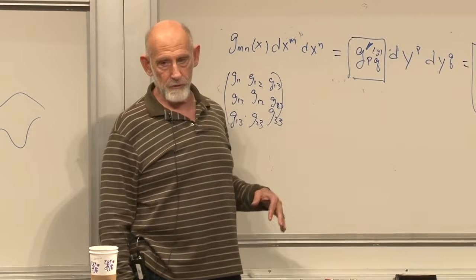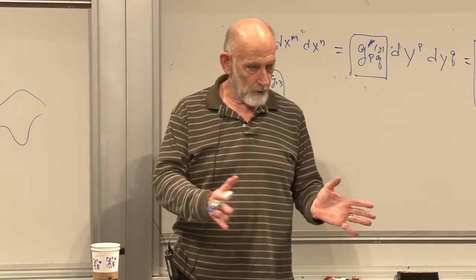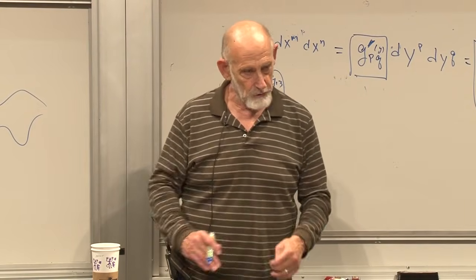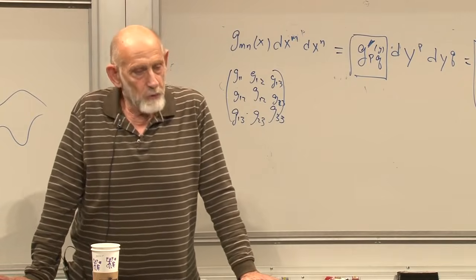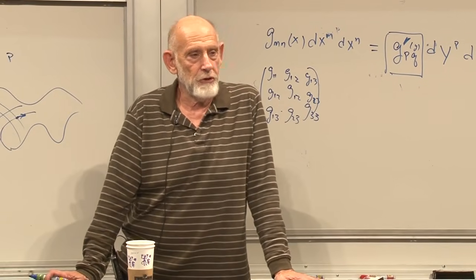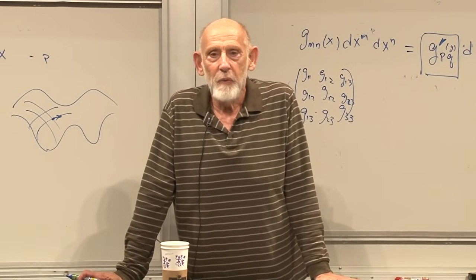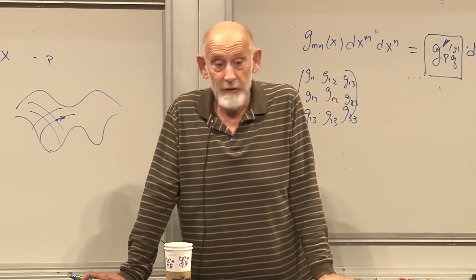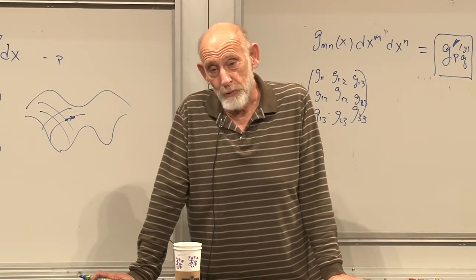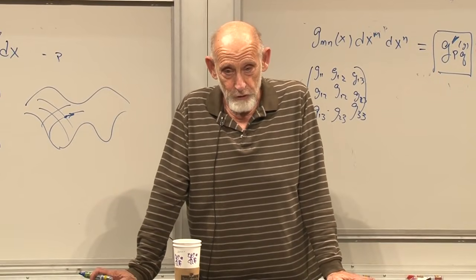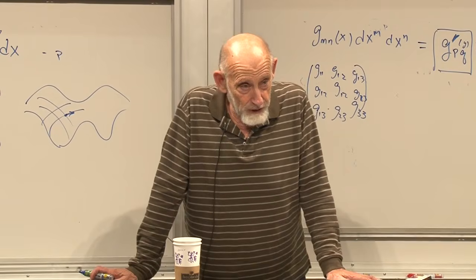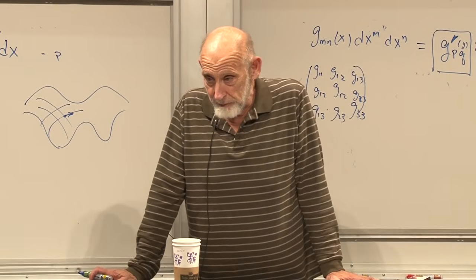And there are no vectors of zero length, every direction has a length associated with it. What do you know about matrices which are symmetric and don't have zero eigenvalues? Do you know anything? One, they are Hermitian, but they're also invertible. In other words, they have inverses. The metric tensor has an inverse.